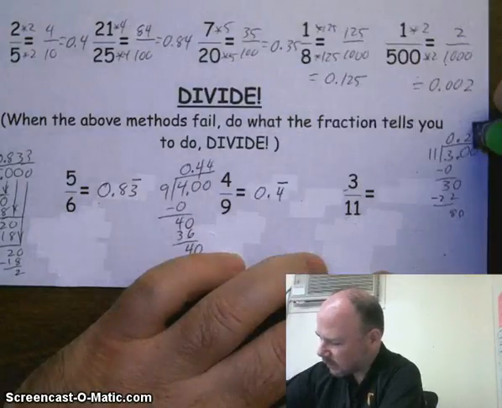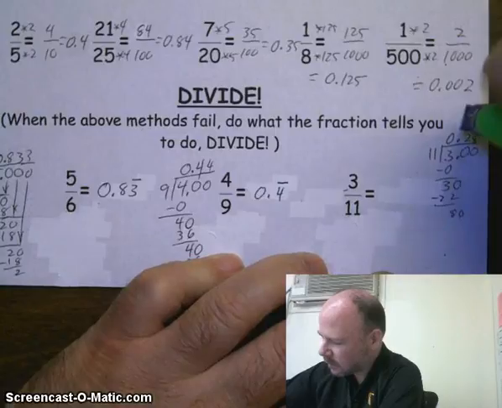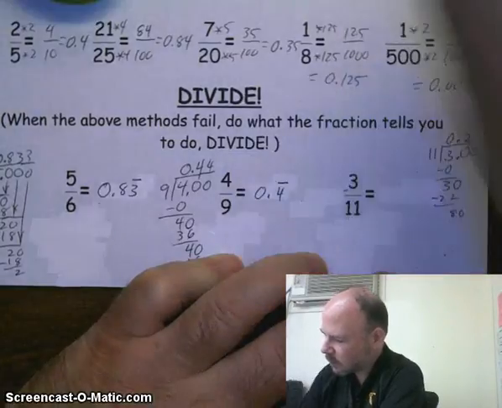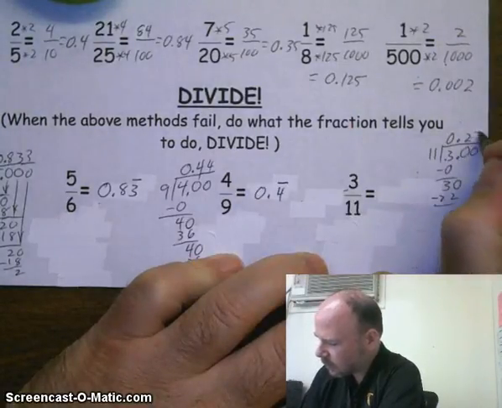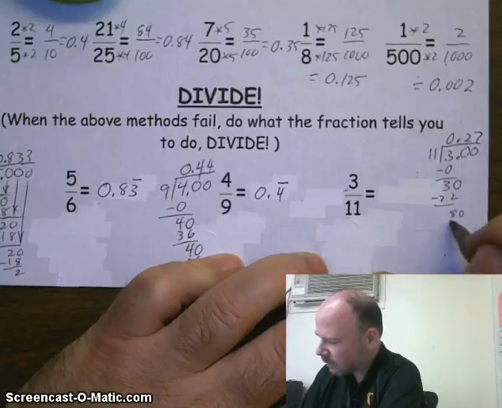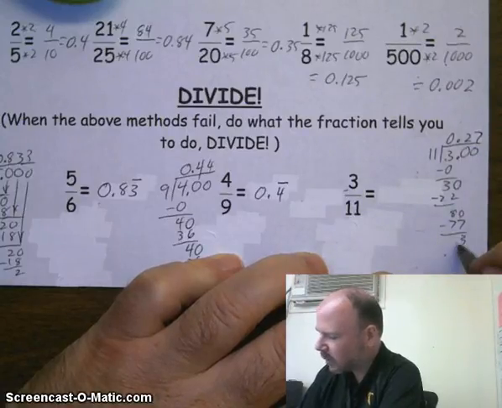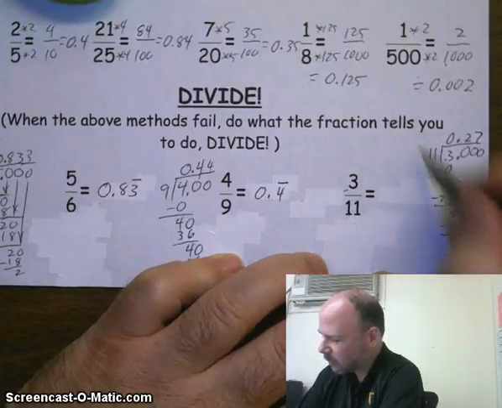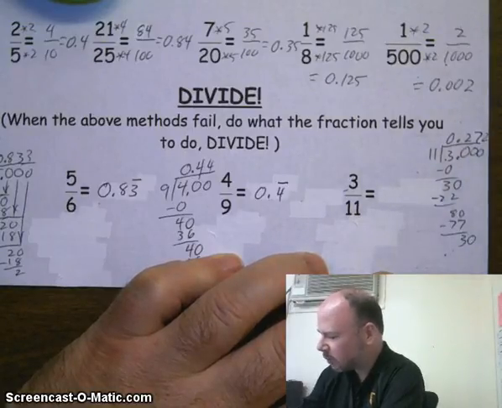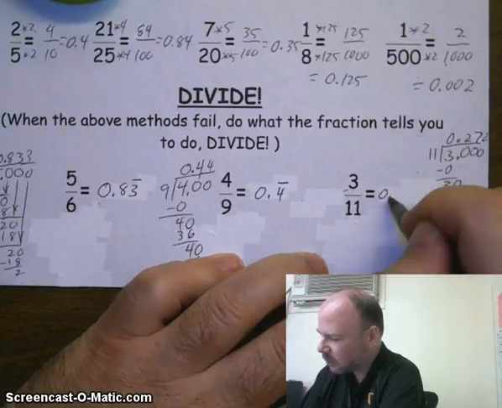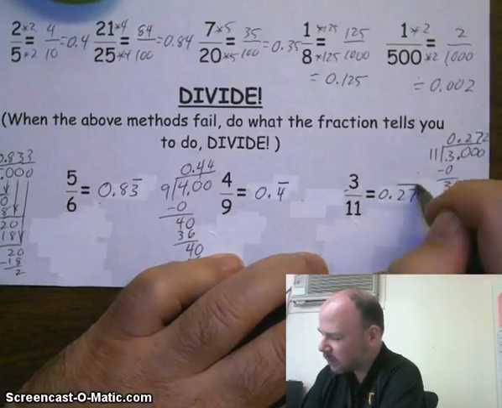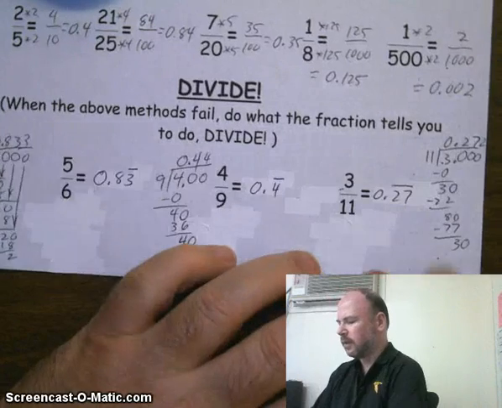It only goes in 7 times. 7 times 11 is 77. We subtract, we get a 3. Well, we had a 3. If you add another 0, 11 goes into 30 2 times. So what's happening? It's repeating. But in this case, what's repeating is the 2 and the 7. So 27 hundredths, but repeating.